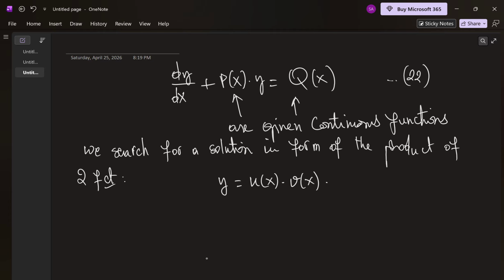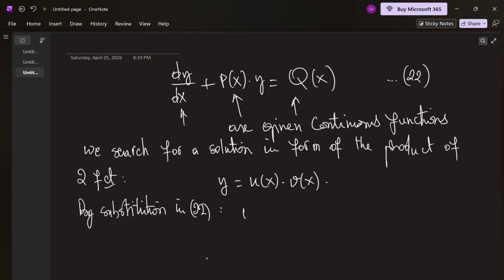When you substitute this by substitution in equation 22, you will get the derivative of y. What is the derivative of this guy?